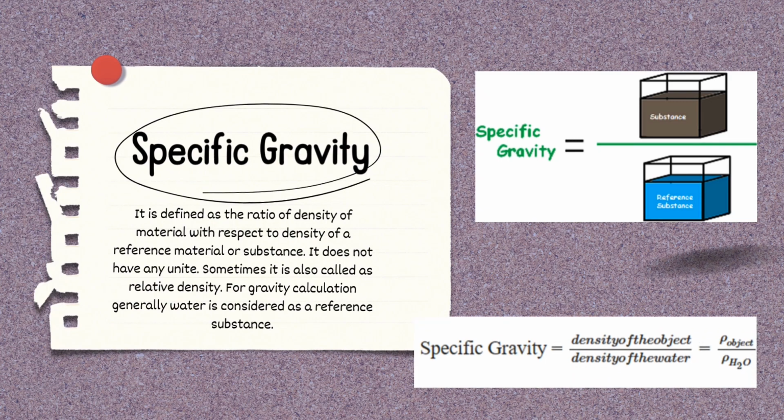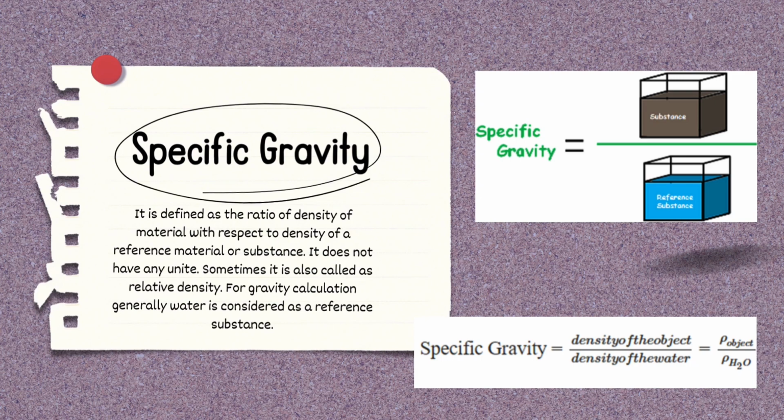Now let's proceed to specific gravity. It is defined as the ratio of density of a material with respect to the density of a reference material or substance. It does not have any unit. Sometimes it is also called relative density. For specific gravity calculation, generally water is considered as the reference substance.